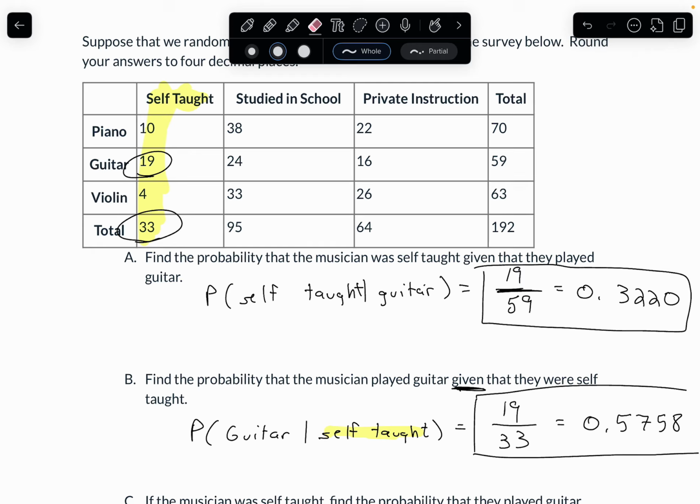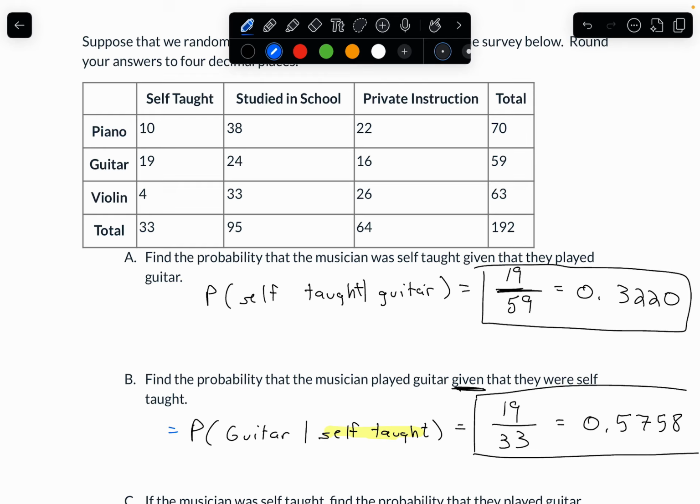Now, I'll mention quickly here, we do have a formula for conditional probability that I honestly haven't really used. If I wanted to, I certainly could do that, and let me show that I actually end up with the same result. If I wanted to use that formula, I'm going to look at that same example that I just looked at here.